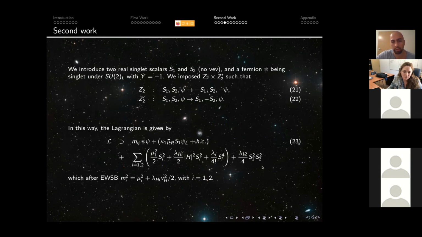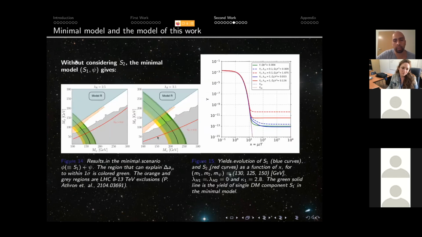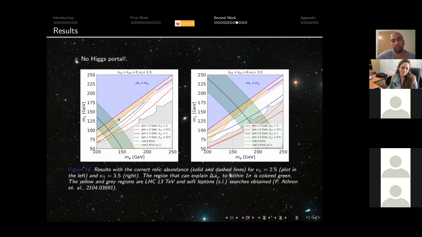Forget about the Higgs portal, but your second scalar only interacts with your first scalar, and under the symmetries that we have imposed from the beginning, it doesn't interact with the vector-like fermion. So you will have basically only this interaction, and in that sense it participates in the relic abundance calculation, and it gives you what was missing here. Basically, the second scalar now carries most of the dark matter relic abundance.